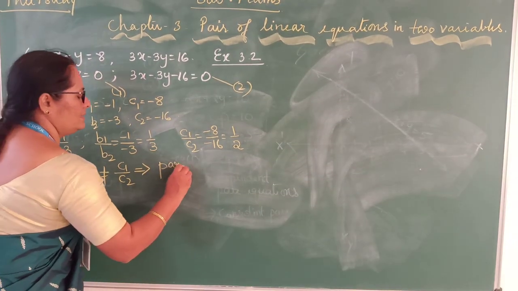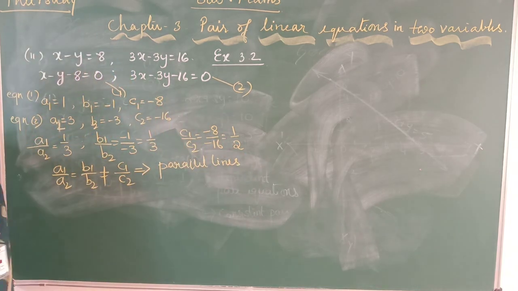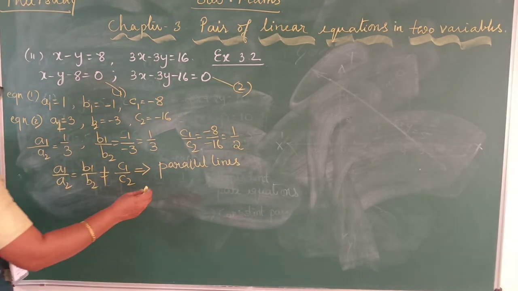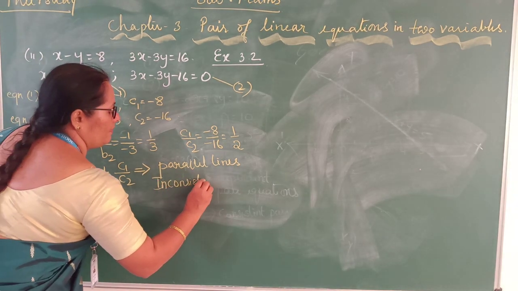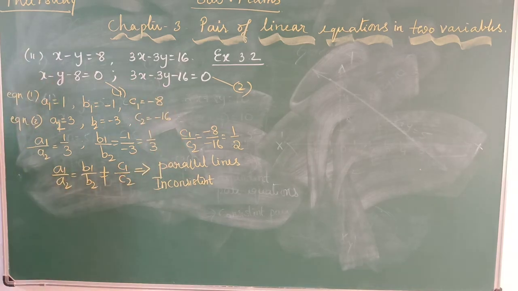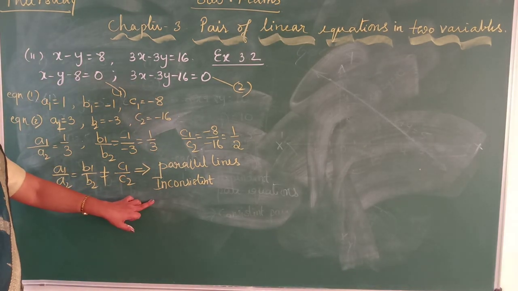So, parallel lines. So, the pair of equations is inconsistent.